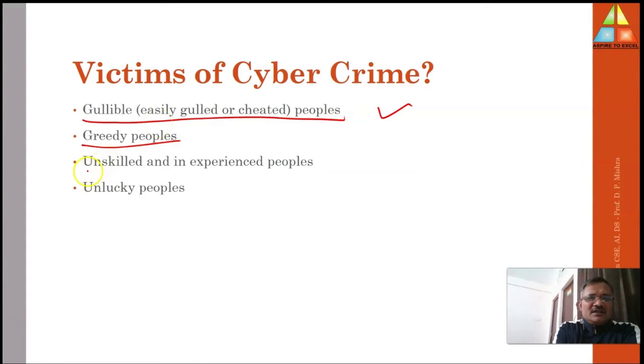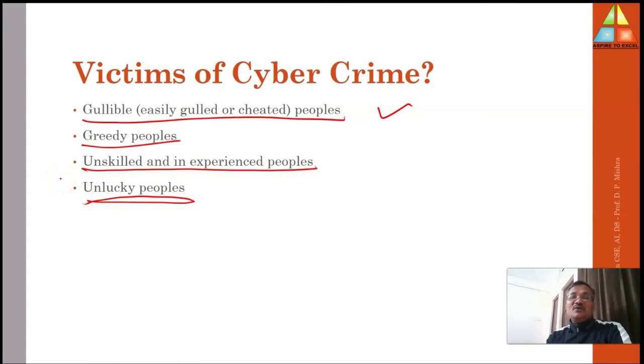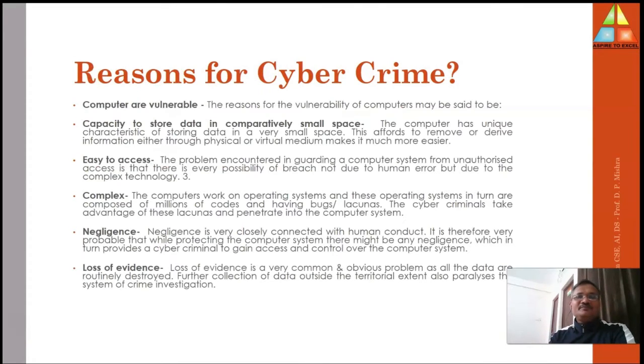Third is unskilled and inexperienced people, and most important is unlucky people. Even certain people who are very skilled, due to their hard luck, are getting victimized by cyber criminals, or falling prey to cybercrime.